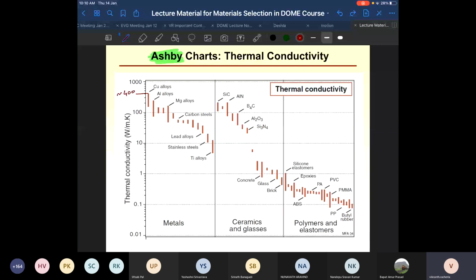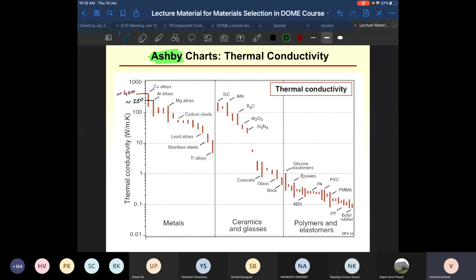What is the maximum thermal conductivity you can get for aluminium? For aluminium, you can get somewhere around 250 watt per meter Kelvin. So amongst the metals, copper and aluminium give you high thermal conductivity. Where is our hero steel? Steel is here.